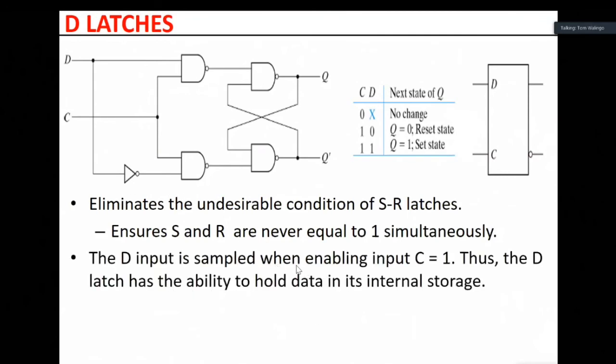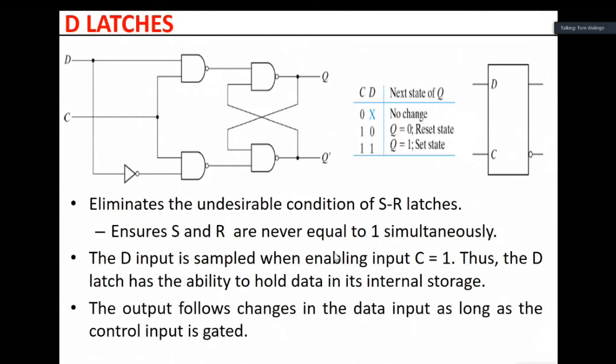The D input is sampled when C is 1. So it holds the data in its internal storage. The D input is only checked when C is 1. If C is 0, it is in memory. That is the memory we are talking about, memory elements.